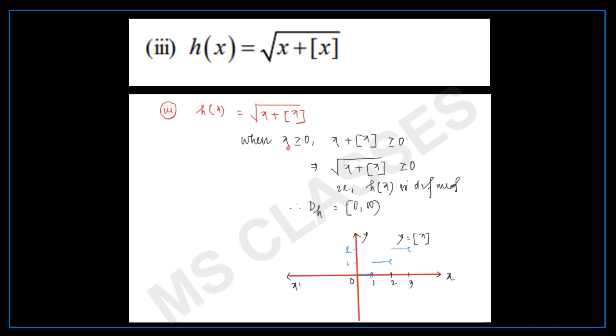And when x is greater than or equal to 0, this is greater than or equal to 0 plus this quantity, which can be 0, 1, 2, or various values more than 0. So ultimately this is a non-negative quantity, so the sum will be non-negative. And under root of any non-negative number is defined. Hence the domain is 0 to infinity.